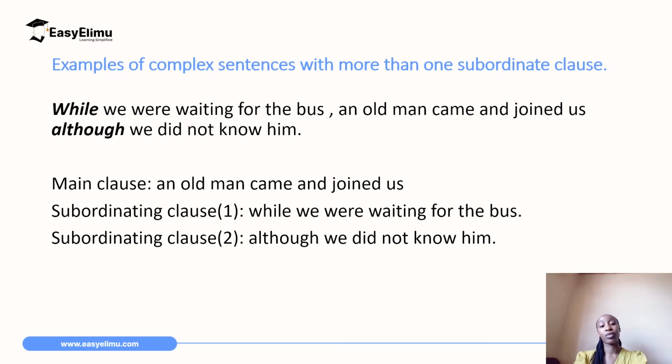So, while we were waiting for the bus, that is the first subordinate clause. An old man came and joined us. That is the main clause. Although we did not know him, that is the second subordinate clause.